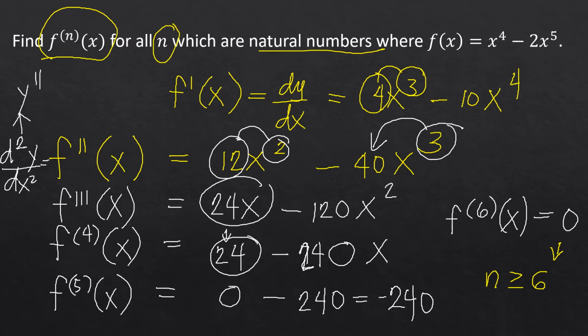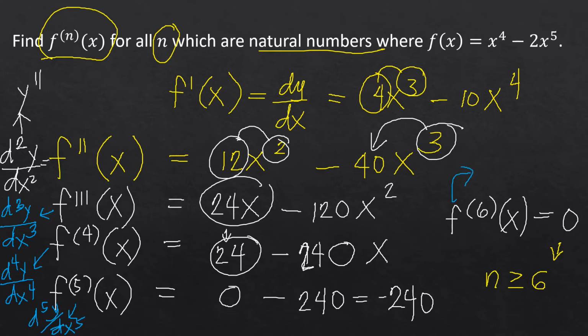Okay, if we try to go back here, the third derivative can also be expressed as d raised to 3 y over dx raised to 3. The fourth derivative, we have d4y over dx raised to 4, the fifth derivative, d5y over dx raised to 5. But that is not an exponent, that's just an indication that it's the fifth derivative.